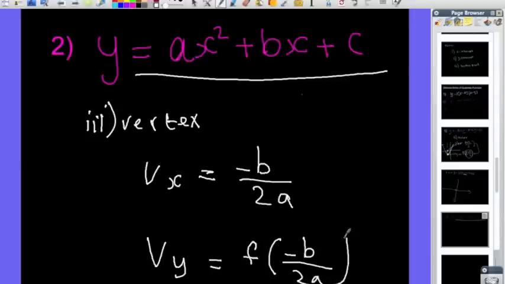So basically, first you'll find this, and whatever you found, you just replace it for the x in the function and solve the equation. Okay, so let's do an example for this one.